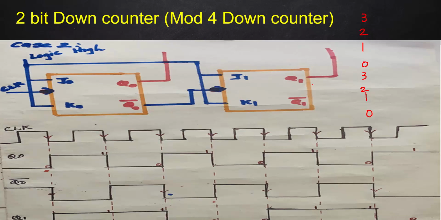Consider that external clock pulse, and here again we are considering negative edge triggering. So during the negative edge, the first flip-flop will trigger like this, 0 to high, high to 0, again 0 to high, high to 0, and so on.